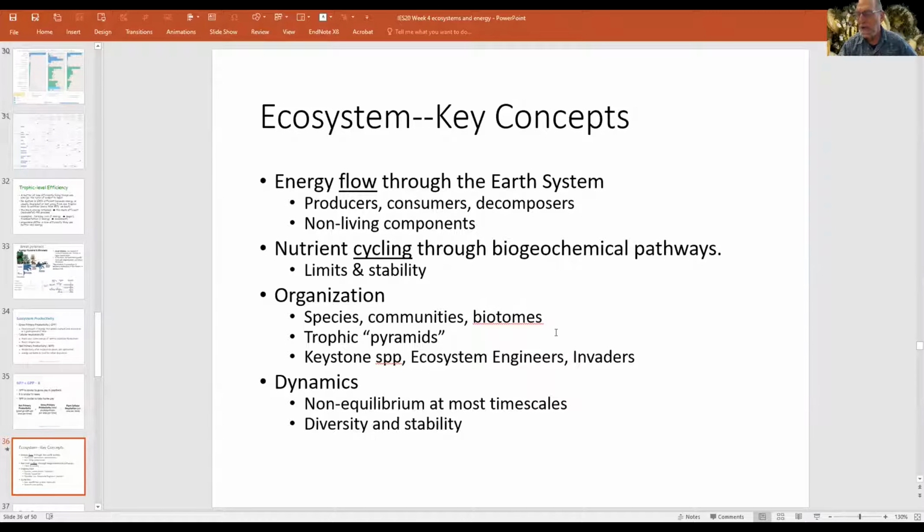Ecosystems are organized according to species, to communities, to different groupings known as biomes. This organization produces a sort of trophic pyramid that I've discussed. And then there are individual components of the ecosystem that play key roles.